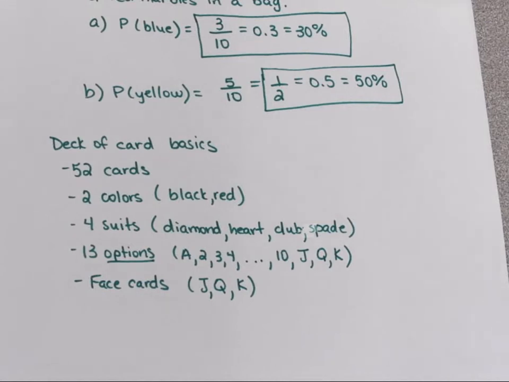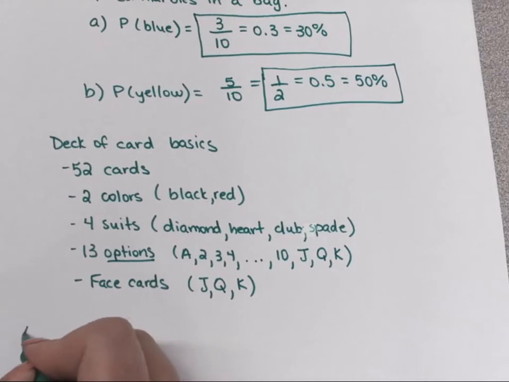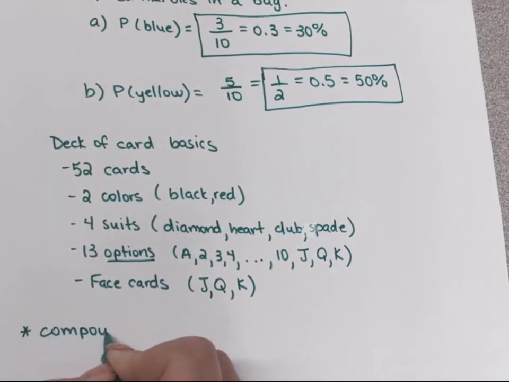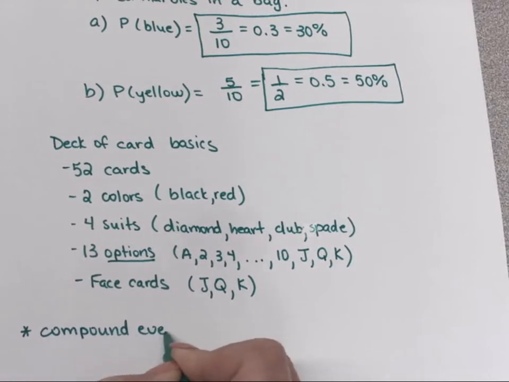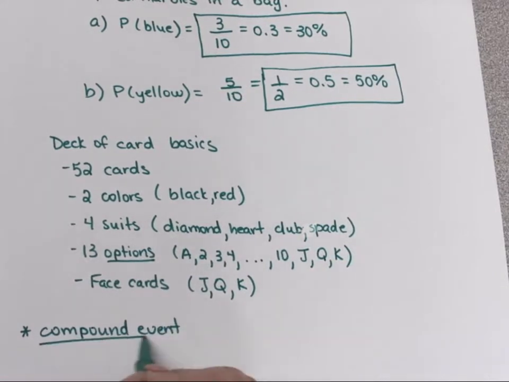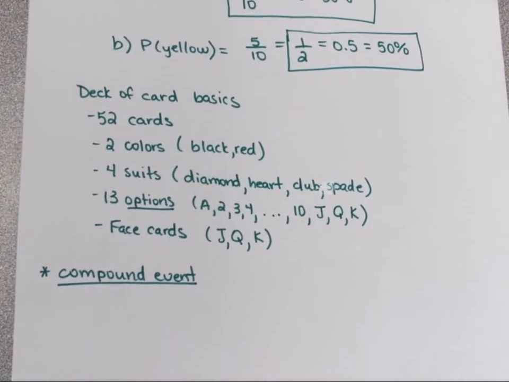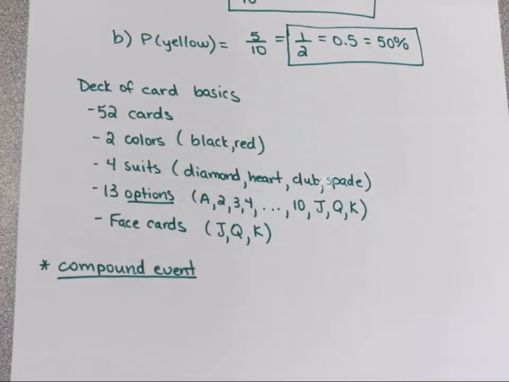Okay, so we're going to look at some probabilities of maybe more than one thing occurring. So we've been looking at simple, single events, but we also can talk about the probability of more than one thing happening.